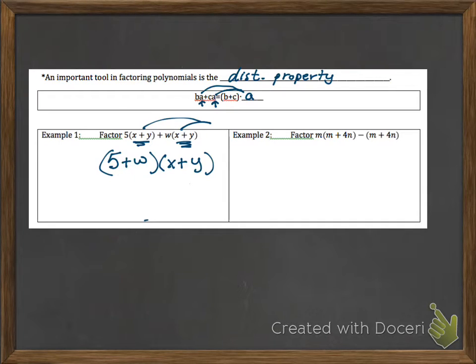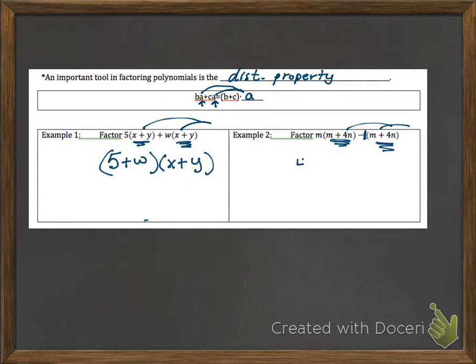And we can see the same thing across a difference in example 2. Again, our common factor is m plus 4, and we're going to pull that out. A little difference here is, one, that we have subtraction, and two, that there is a factor of 1 in there we don't want to miss.